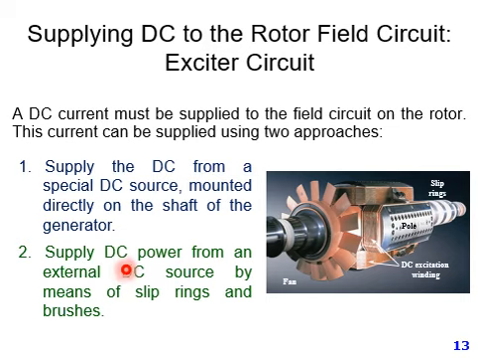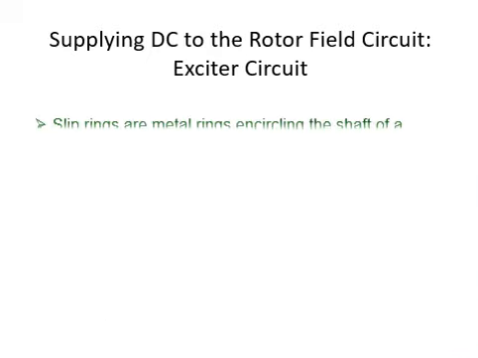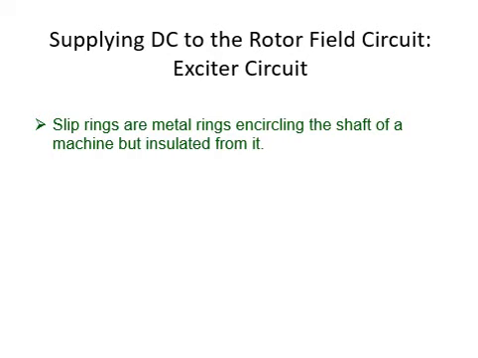Another approach is to supply DC power from an external DC source by means of slip rings and brushes. Slip rings and brushes are metal rings encircling the shaft of a machine but insulated from it.